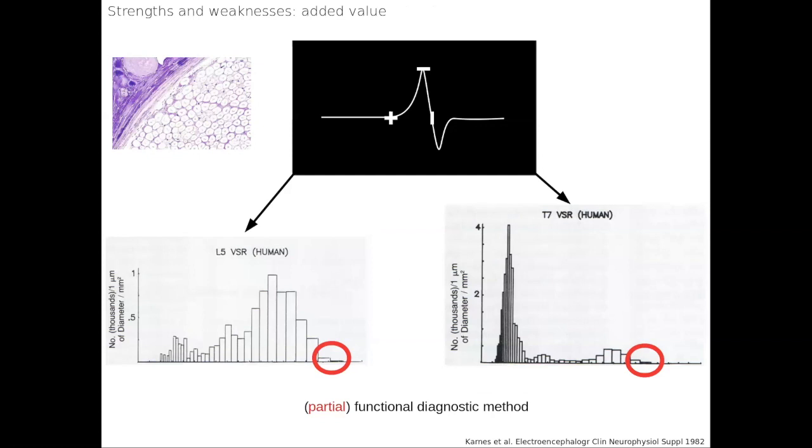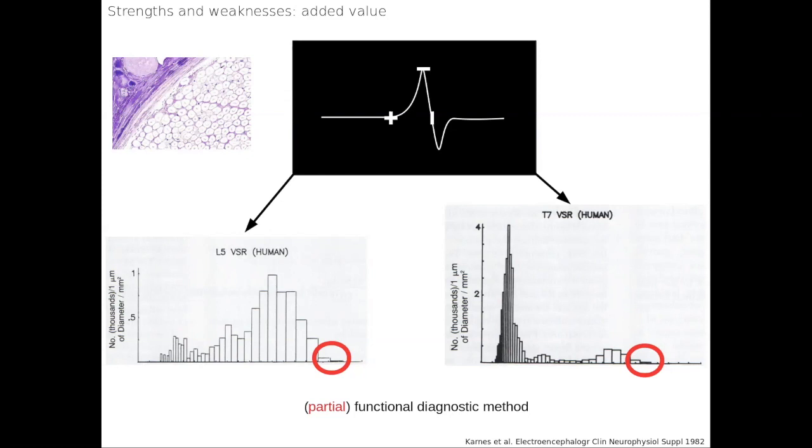So if we look at the neurophysiological information we get from standard electrophysiological techniques as used in clinical routine, we usually assess the compound muscle action potential or the sensory nerve action potential.